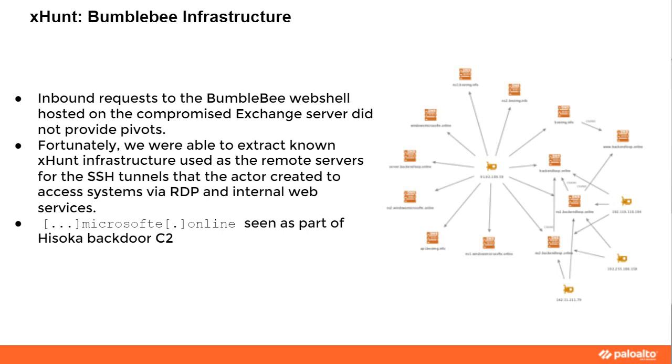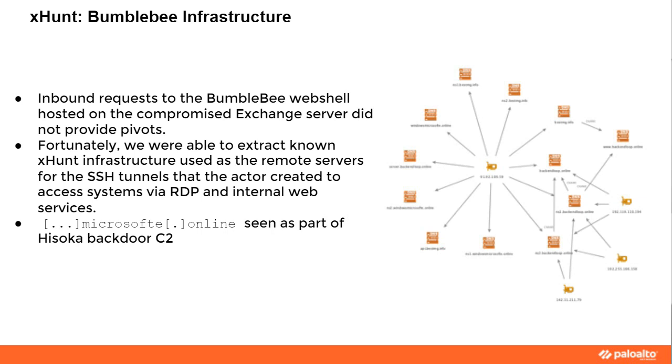Fortunately, however, we were able to extract specific XHunt infrastructure used as the remote servers for the SSH tunnels that I mentioned earlier, which the actor created to access the systems via RDP and other internal web services. Ultimately, from that SSH tunnel information, we were able to see some infrastructure bleed over with part of the Hisaka backdoor, which I mentioned being prevalent in 2018 and 2019.